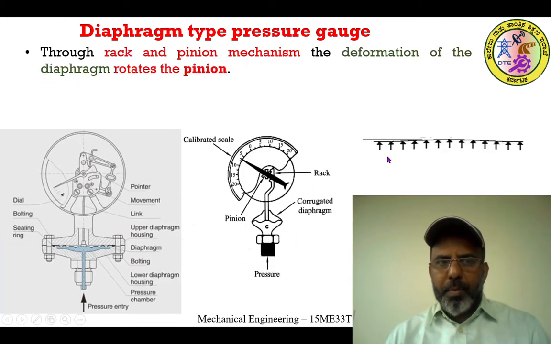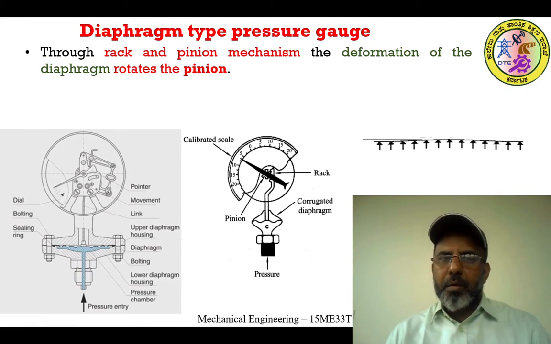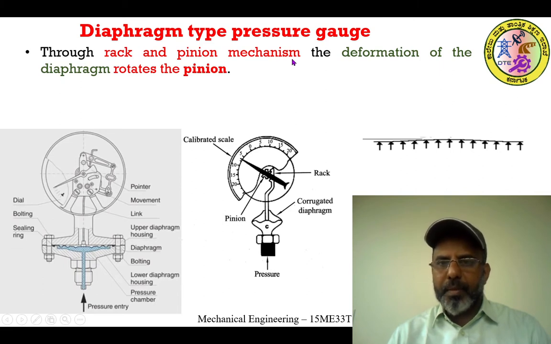As the deformation of the diaphragm occurs, this deformation is magnified by means of the rack and pinion mechanism. Through this mechanism, the deformation of the diaphragm rotates the pinion.